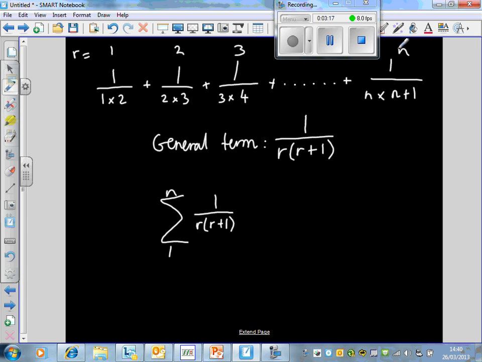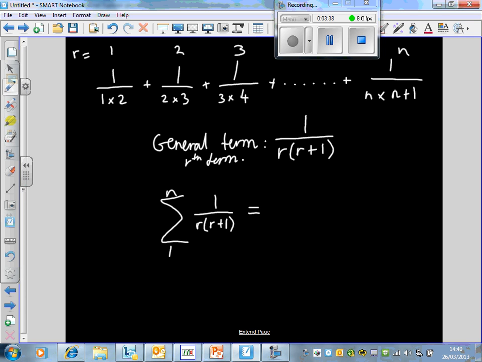At GCSE you had this thing called the nth term. In A-level, the nth term is the last term which we're trying to deal with. The general term is the rth term. So here's the general term. r varies from 1 to n, and we want to add this up.